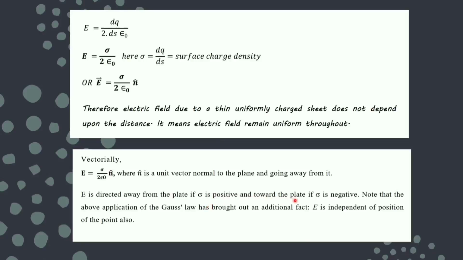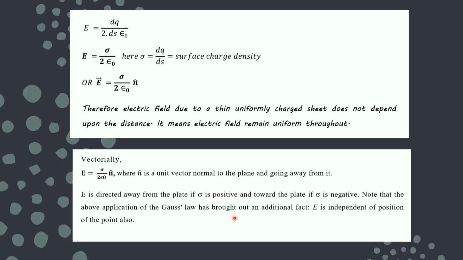And if we take sigma as negative, it means charge is negative, then the direction of E will be inward. Then here I will be getting the negative sign because an angle of 180 degrees will be formed and cos 180 will be negative. So that negative sign will simply show the direction inward. It means direction inward for negative charge and outward, away, for the positive charge.